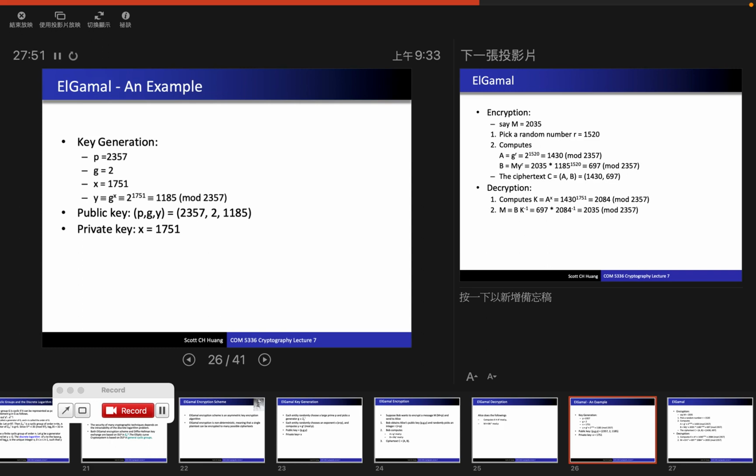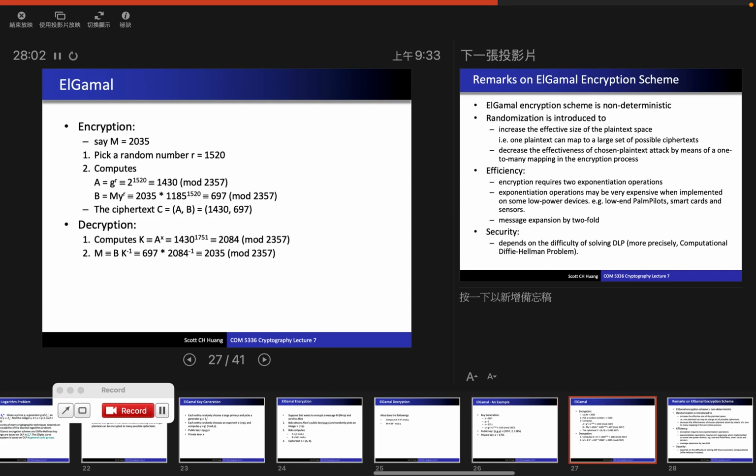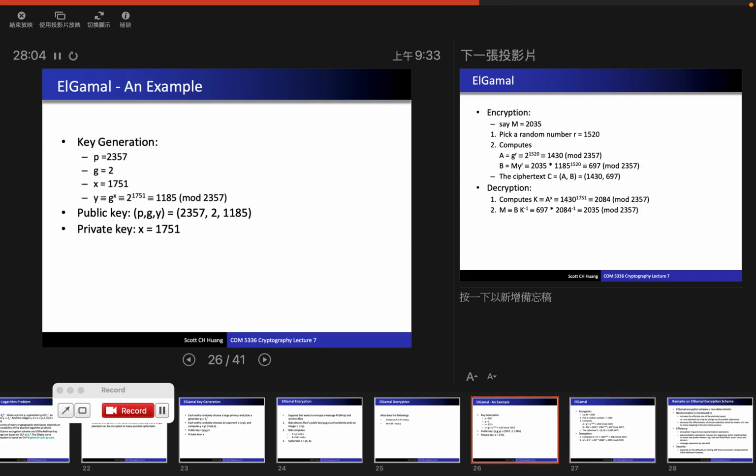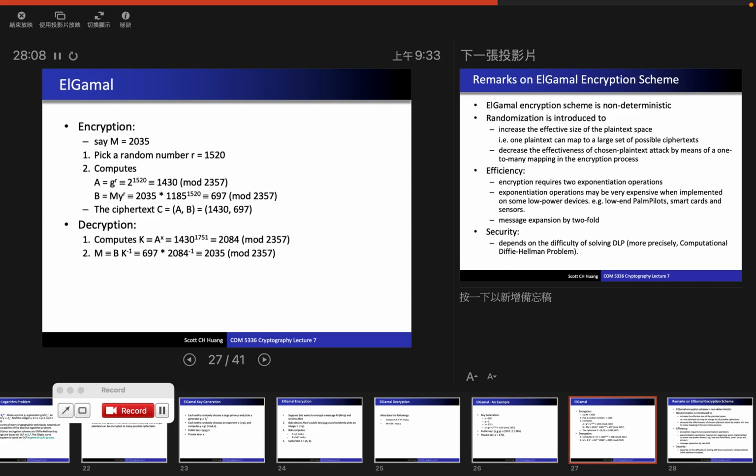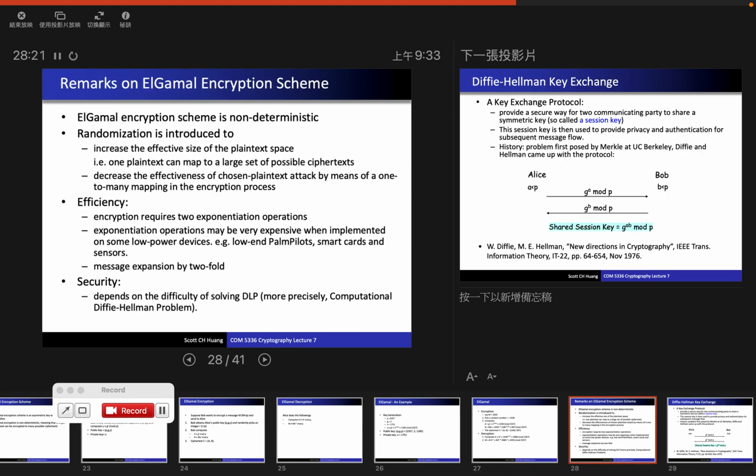And then X is Alice's secret key, 1,751. Then the public key is this, and the private key is 1,751. So this is just an example. You guys can take a look. It's no big deal. It's just finding a shared secret first and then multiplying it to the plaintext. Okay, so we can move on to the remarks.